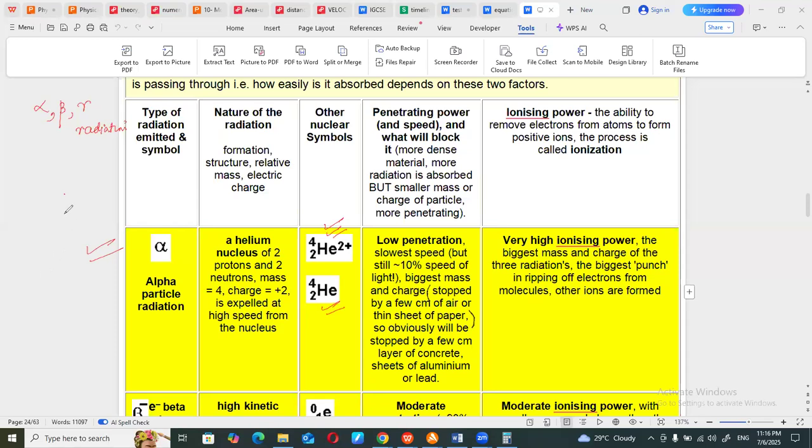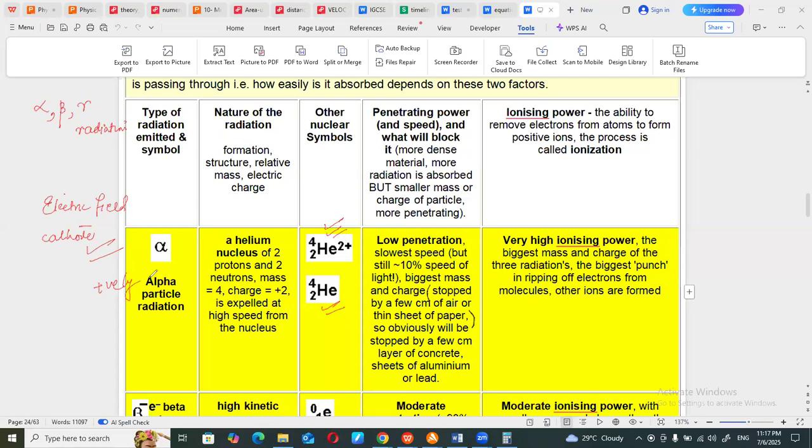Secondly, in an electric field, it always turns towards the negative electrode, or you can say it always turns towards the cathode. Why? Which shows that alpha particles are positively charged particles.